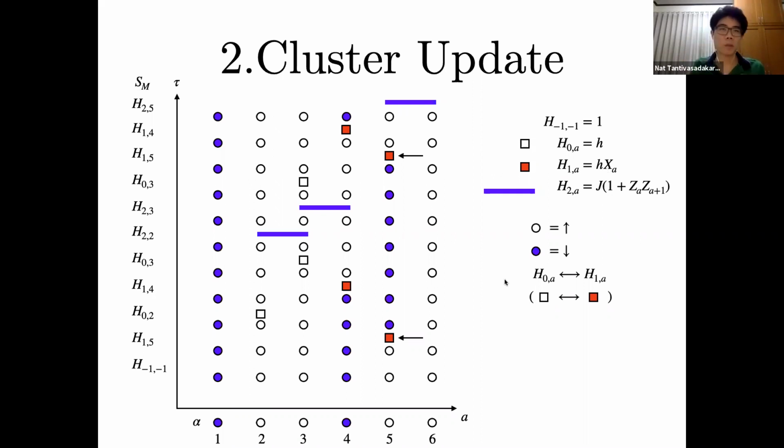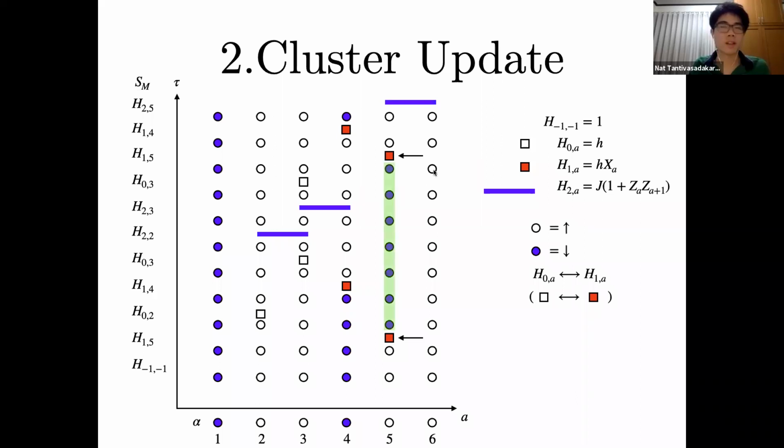But the problem is I cannot flip just one of them. For example, if I flipped only one of them here, I have a Pauli X here and I just remove it, then this messes up the spin here because I have to also flip the spin. So the only way to make it consistent is that I have to remove two of these at the same time or insert two of these at the same time.